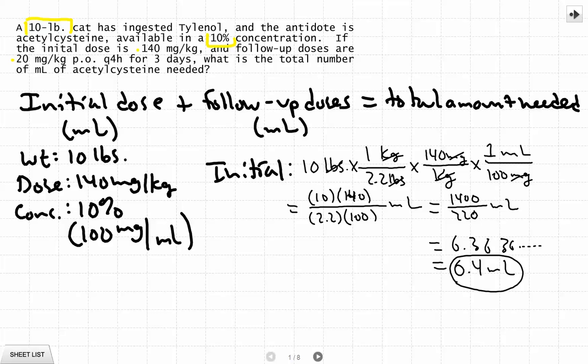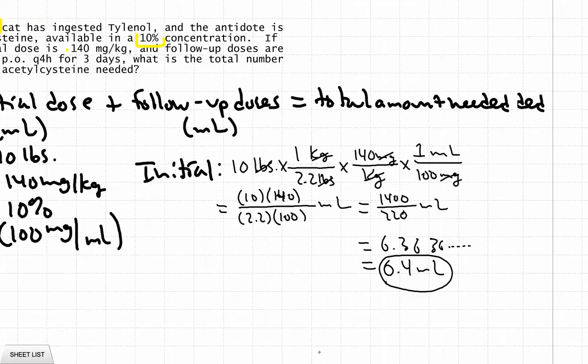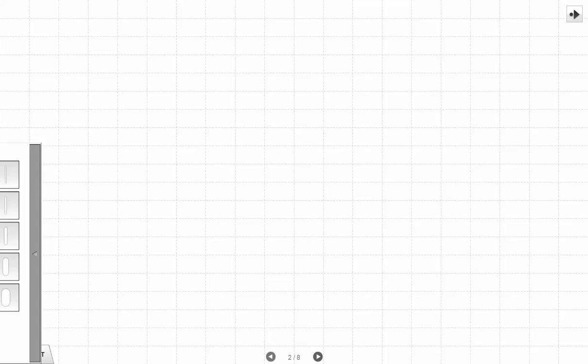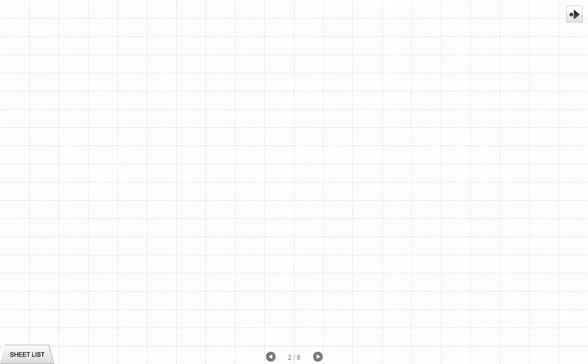Now what we want to do is go to the follow-up doses. So for the follow-up doses, we're going to need to change a couple of things. Let's go to the next page. Again, the weight of the patient is still 10 pounds.